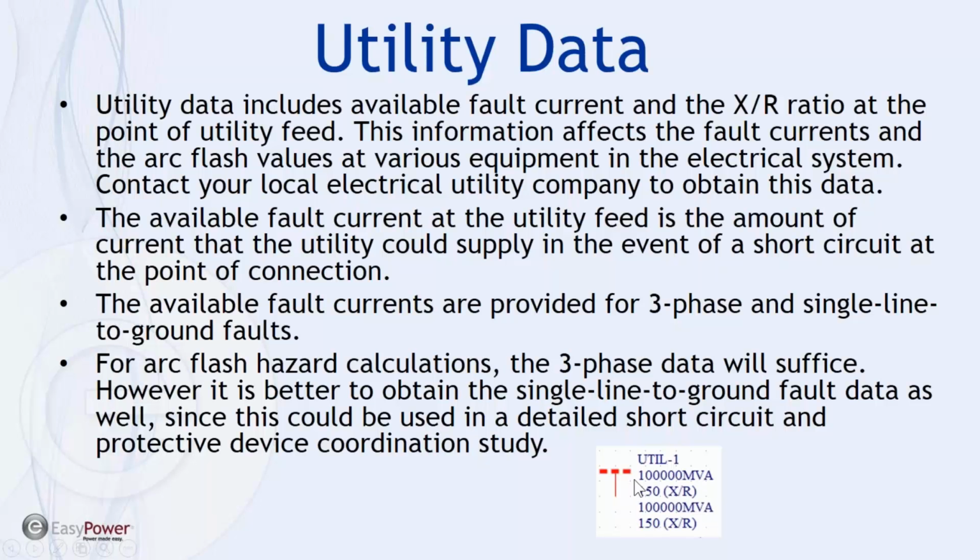This data is referred to as an infinite source, and if you utilize this by default, you will get, frankly, the best case scenario in terms of trip times, because this will be much higher current than you normally get from utility. So it's important to get the line-to-line phase short circuit available current, the voltage, and the X over R ratio at the utility point of connection.